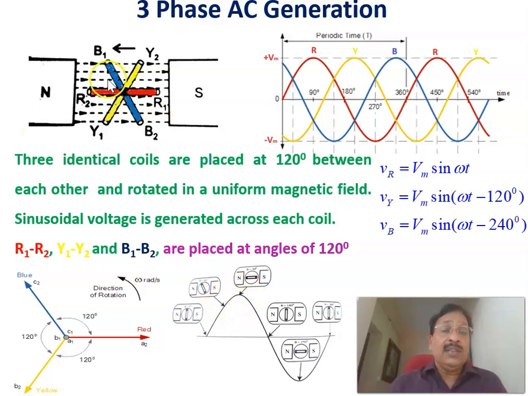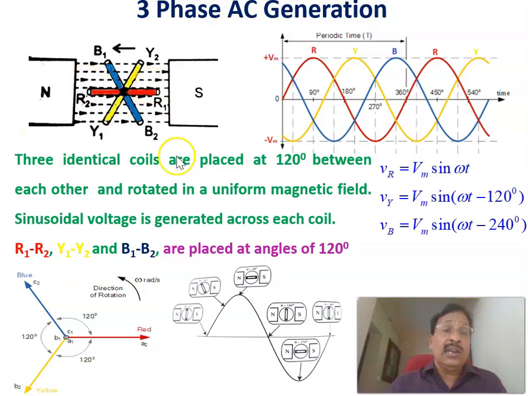Again, if the coil is rotated and reaches parallel to the magnetic field, flux is minimum but the rate of change of flux is maximum. That is why maximum voltage will be induced here. This corresponds to the case when the coil is parallel to the magnetic field.